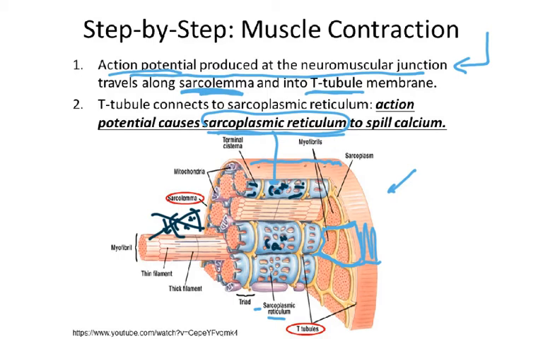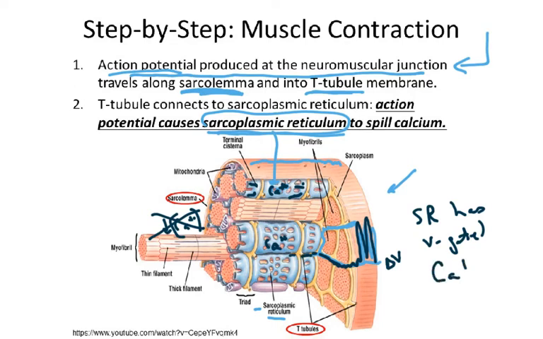So what's going to happen with this action potential is, as the action potential spreads down the T-tubule, it's causing a change in voltage. That's what an action potential is. It's this change of voltage that's happening along the T-tubules. The sarcoplasmic reticulum membrane has voltage-gated calcium channels, so this voltage change is going to open these voltage-gated calcium channels.